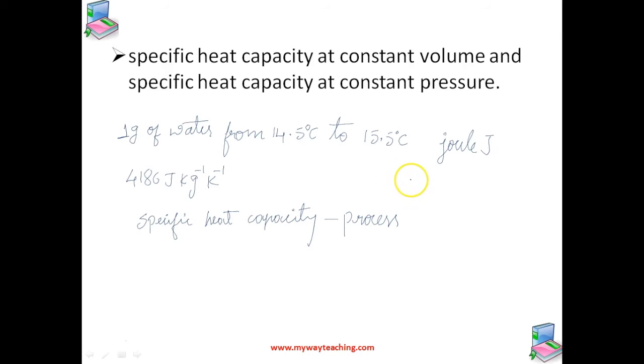For gases, for example, we can define two specific heats: specific heat capacity at constant volume and specific heat capacity at constant pressure.